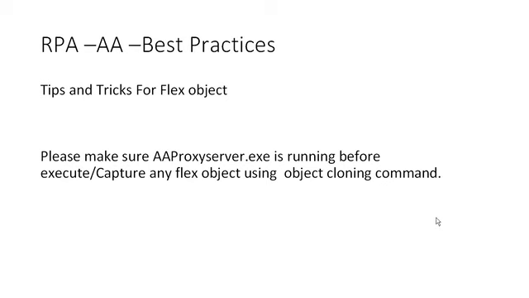So when you are using the object cloning command to get the value of a particular text box, or a button, or to click a button, anything, if it is a Flex object, you need to run the AA proxy server before capturing with the object cloning command.